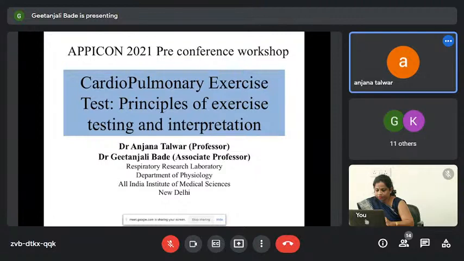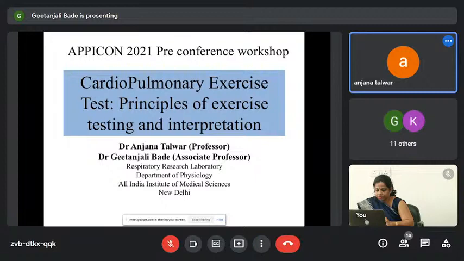Overall health status correlates better with how much exercise can be tolerated by our body than with our resting measures. That's why the wealth of information you get from cardiopulmonary exercise testing is much more than what you get from resting measurements or from other submaximal tests like the 6-minute walk test or 12-minute walk test.